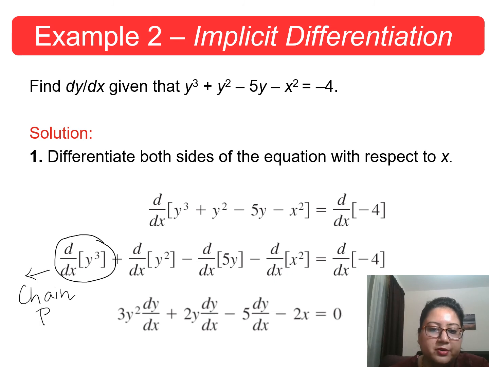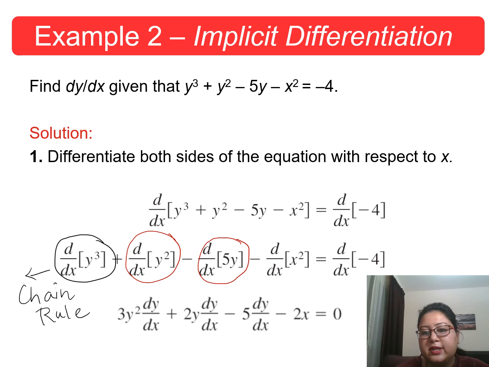I'm quite confident by now you understand how we are deciding on the rules here, because the differentiation is happening with respect to x and the variable which we are differentiating is different, that is y cube. That's why we go for the chain rule. Similarly, we'll go for the chain rule for the second term for the same reason, and the third one also has the same reason. It's just that 5, being a constant, would come out of the derivative.